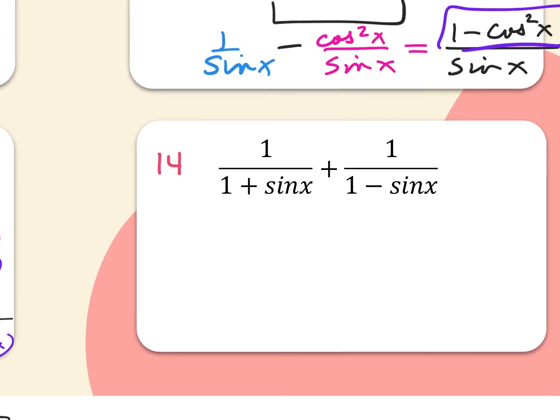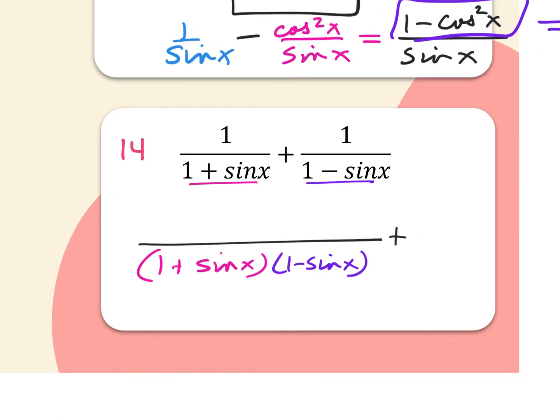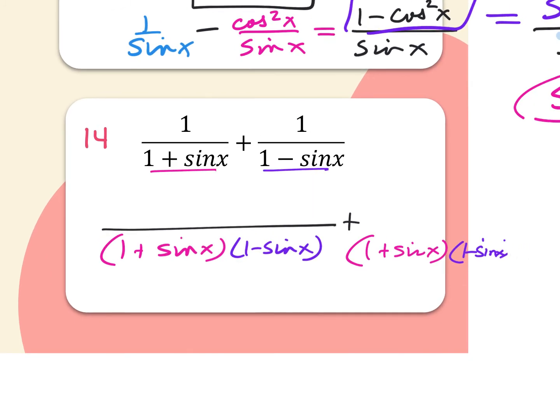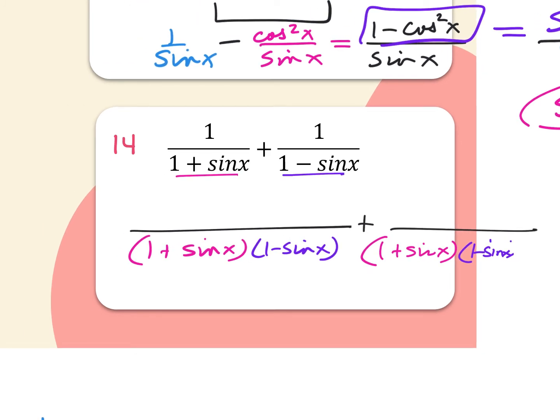So my common denominator is actually going to be both. So it's going to be this and this. So I'm going to write 1 plus sine x times 1 minus sine x. And that's going to be the bottom of the fraction for both. So the first fraction is missing the 1 minus.